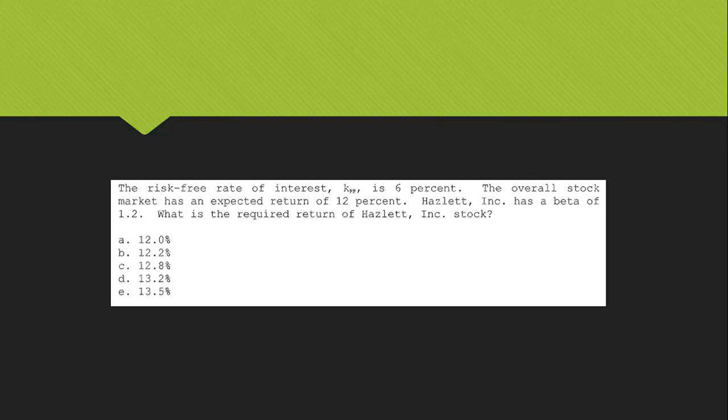Risk-free rate is 6%, so input 0.06 in your calculator, plus beta here is 1.2, times open parenthesis, market return 12% minus risk-free rate of 6%. Then you will get 13.2%. Very good.